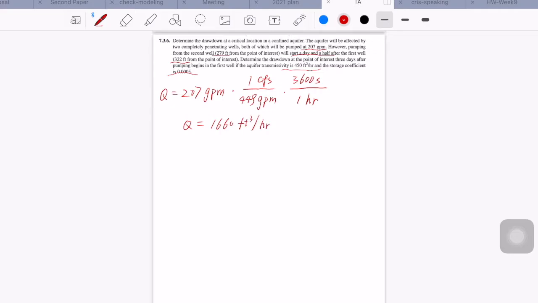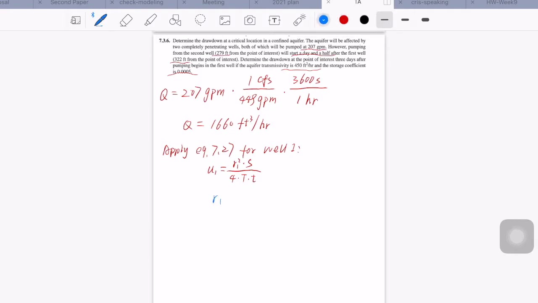And then we apply equation 7.27 in the textbook for well 1. We know U1 should be equal to R1 squared times S divided by 4 times transmissivity times the time.